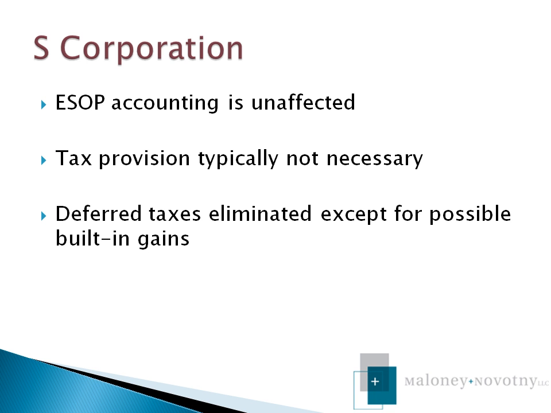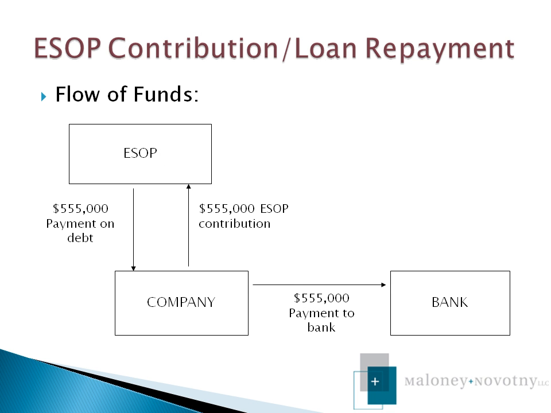In our practice, typically where you have an S-Corp that forms an ESOP, we have these inside loans and the outside loans and the mirror loans. Normally, in this example, where we have the inside loan and the bank loan, if this was a C Corp, you normally want to mirror a loan because you want to make sure that as you're paying the bank down, you're getting a deduction for tax purposes, which helps you with your cash flow.